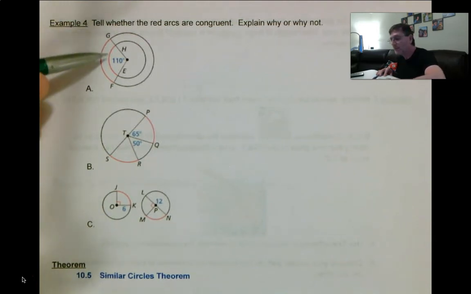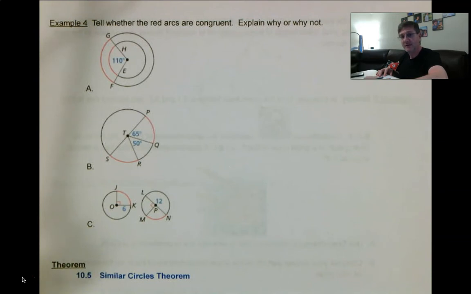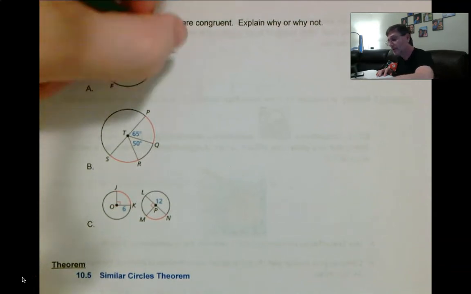They have to have the same measure, but they also have to be from the same or congruent circles. So arcs that have the same measure and that are from the same or congruent circles are going to be congruent. These two circles clearly are not congruent. One is inside of the other, so it has to be smaller. So these arcs are not congruent.